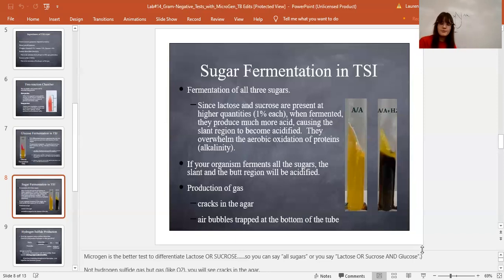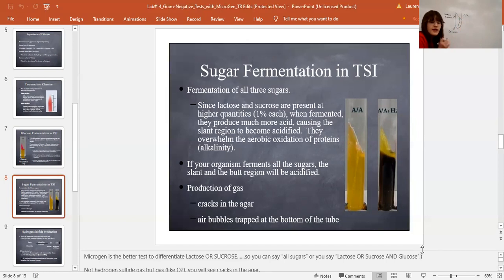Another thing that we want to know is the production of gas. So remember, one of bacteria's byproducts can be gas. It doesn't necessarily mean that it's H2S, but what it can look like is either when you stab, it can look like these little bubbles around the stab. It will look irregular because remember, this is just a needle we're stabbing with.